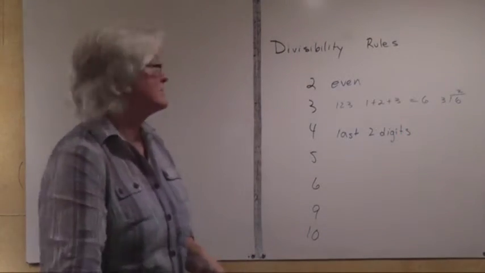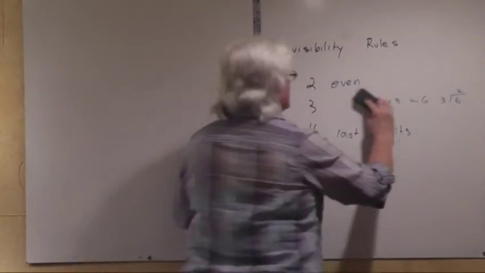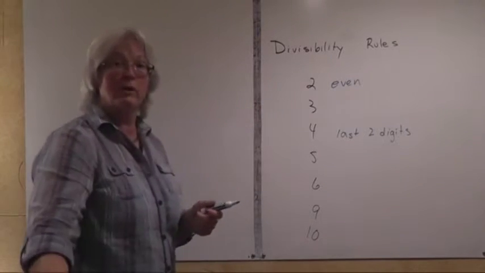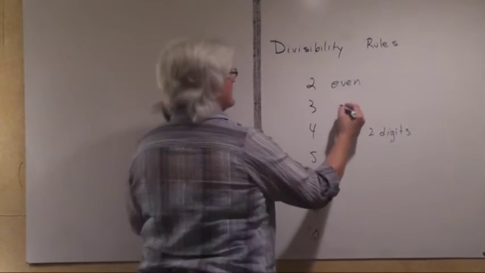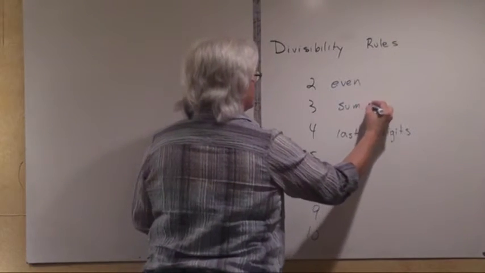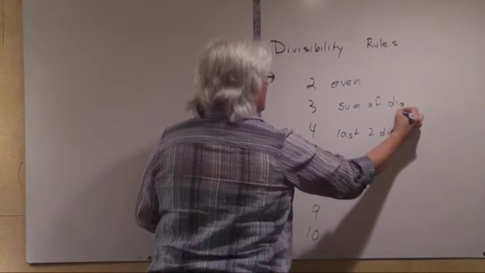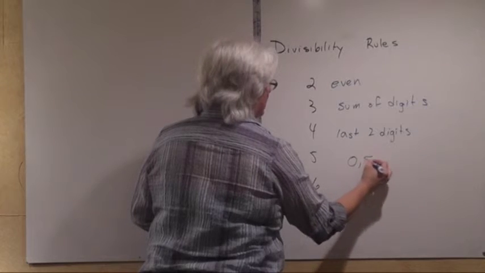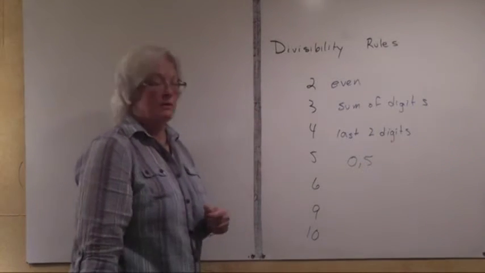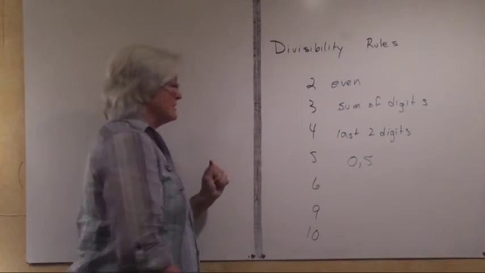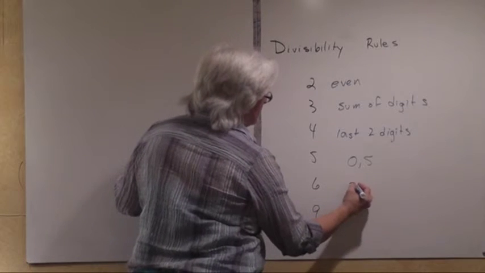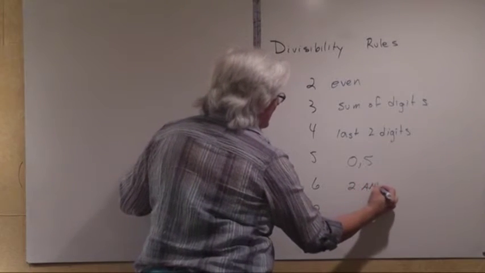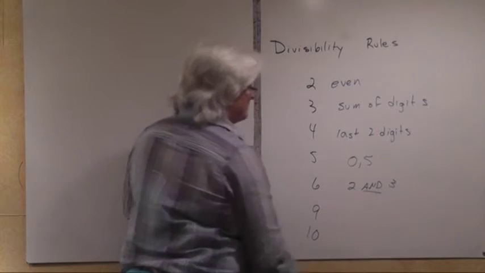For number 3, what did I say? I said we had the sum of the digits. For evenly divisible by 5, the last digit is either a 5 or a 0. To see if it is divisible by 6, it has to be divisible by 2 and by 3.